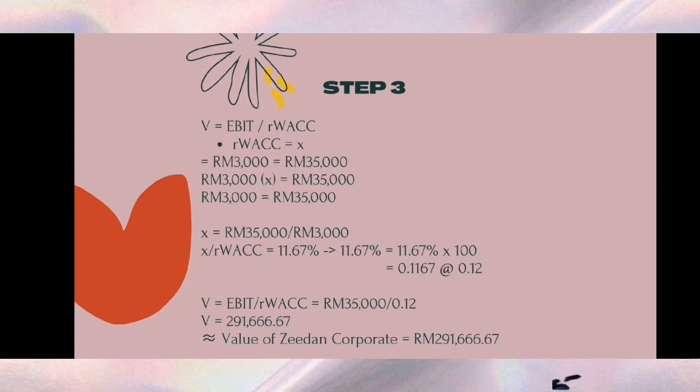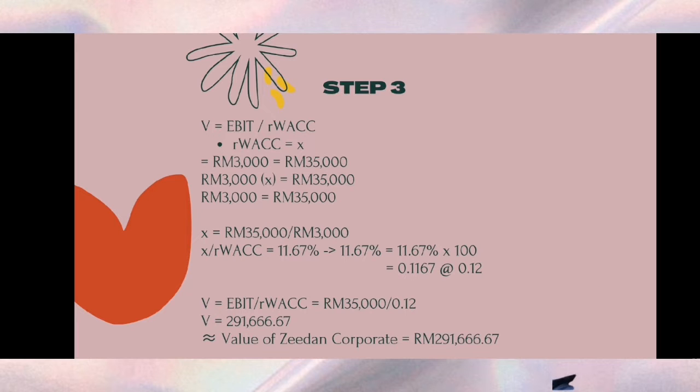The answer is X equal to 35,000 divided by 3,000, which equals 11.67%.